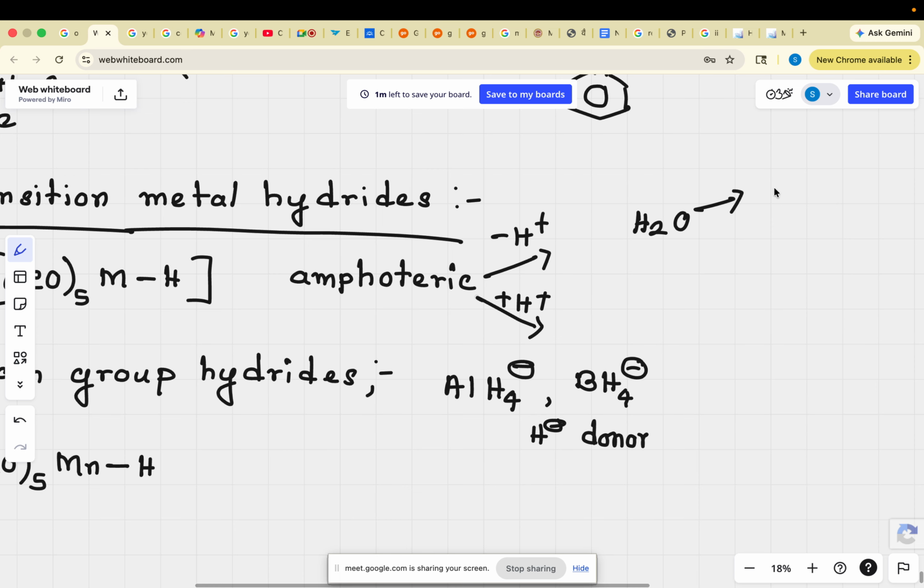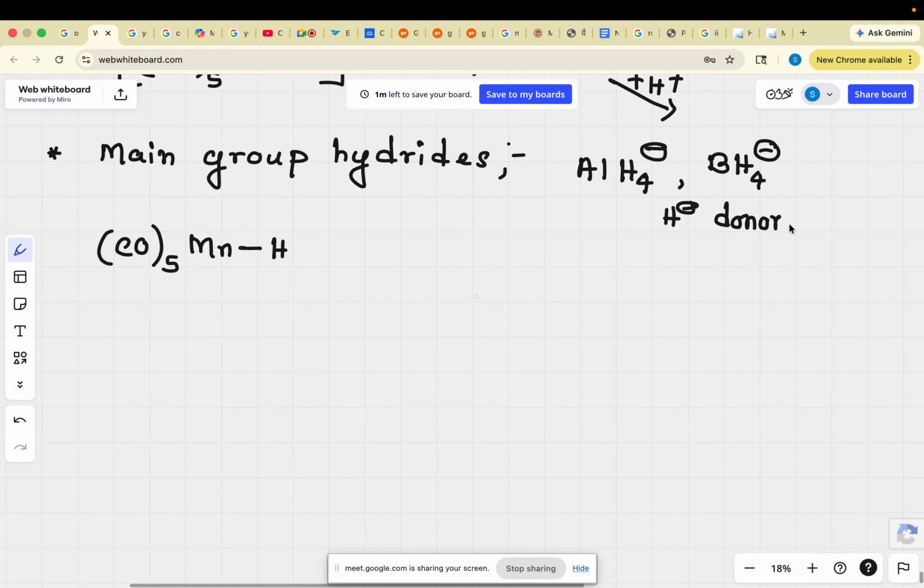If H plus leaves from here, you will get OH minus. If it takes up one H plus, it will become H3O plus. So this is the best example of amphoteric. Here also the same thing is possible. Okay, clear.